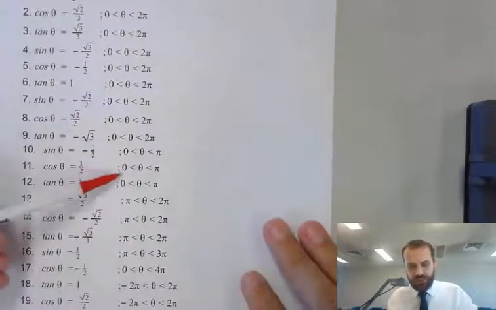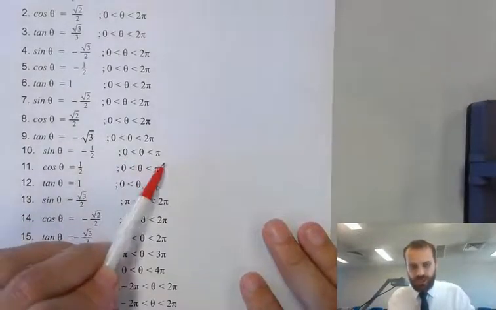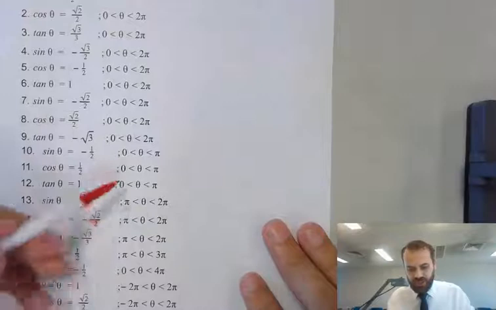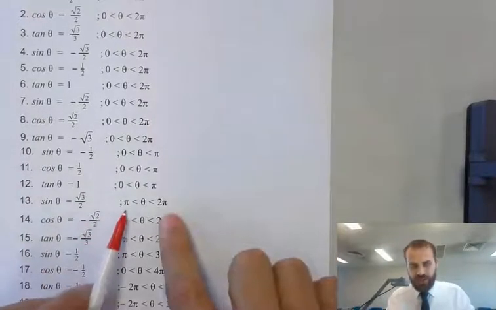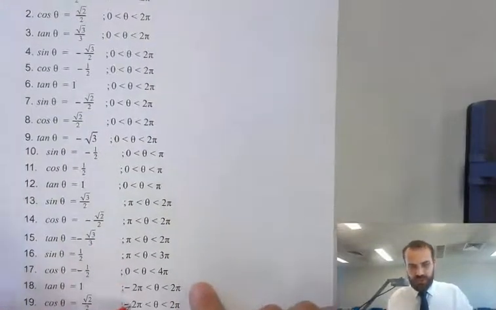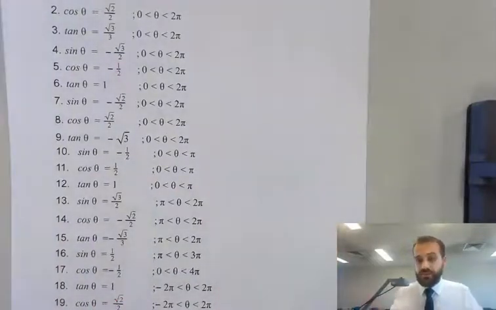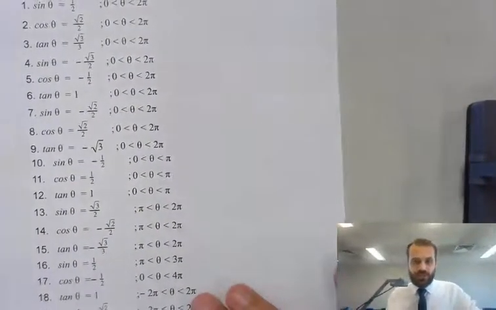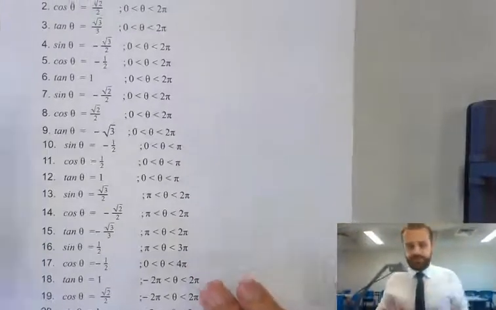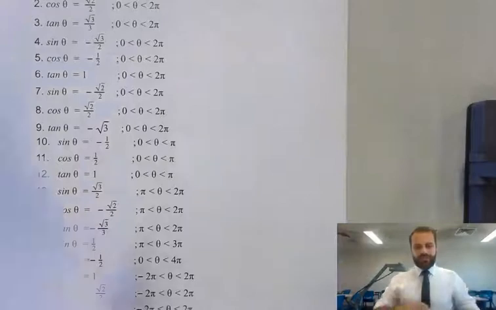Some of them are only half a revolution, 0 to pi, that's 180 degrees. Some of them are half a revolution again, but the bottom half of the circle. And then some of them are 2 revolutions, both positive and negative. So there's a few different things happening in this sheet, but the questions are all the same. And the process, more importantly, is always the same. So let's go. Let's try it out.